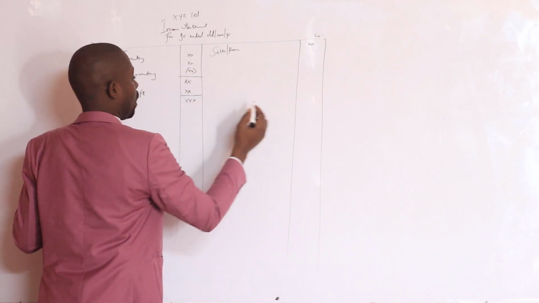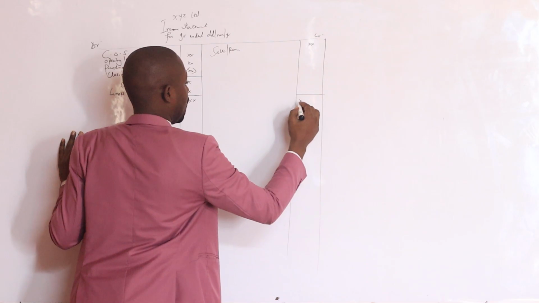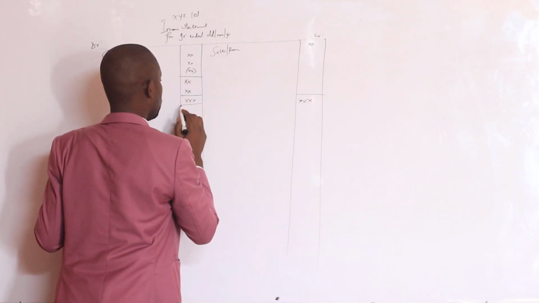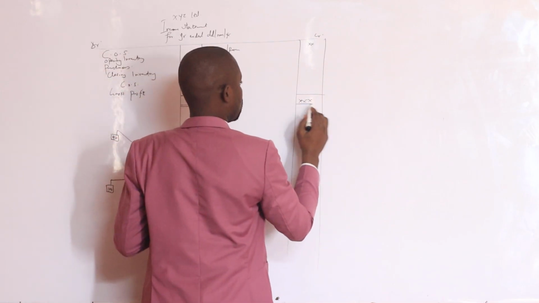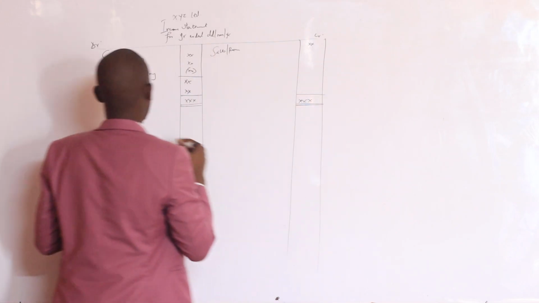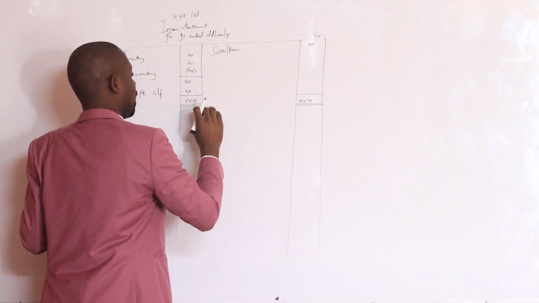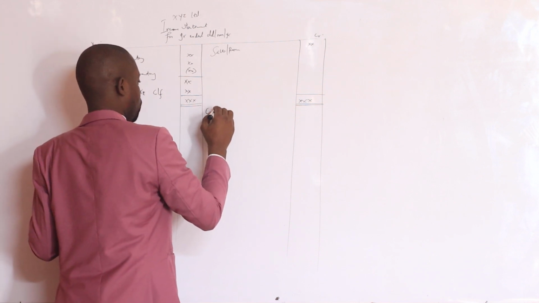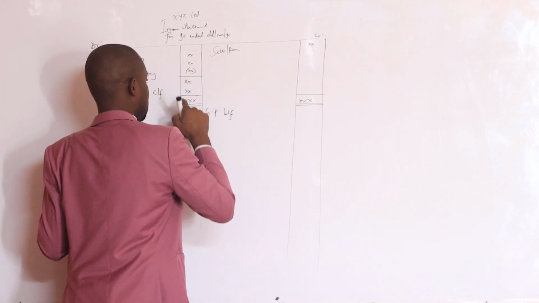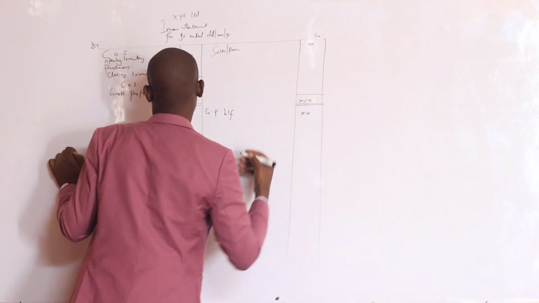So this one is same as the value of sales this side. Then we do what we call footing. We foot it. So we shall call it gross profit carried forward. And then we come and record it here as gross profit brought forward. The same amount will feature here.